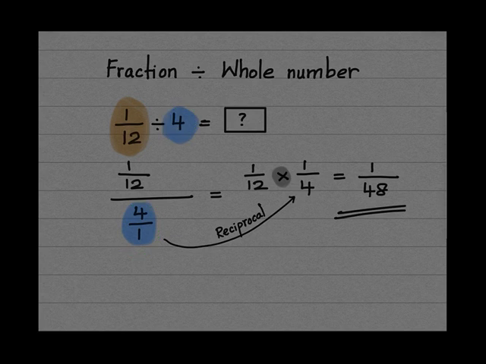So the next step is, it becomes times. So for that step, the denominator number has to be in the reciprocal form. So 4 over 1 can be written as 1 over 4. Okay, the next step is multiply the numerators. 1 times 1 is 1 and 12 times 4 is 48. The answer is 1 over 48.